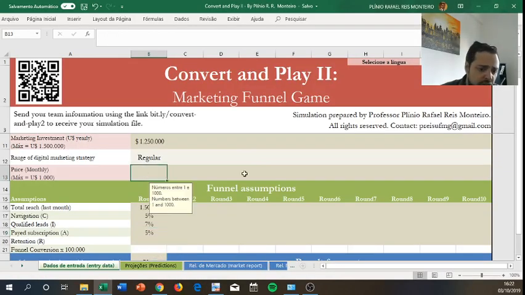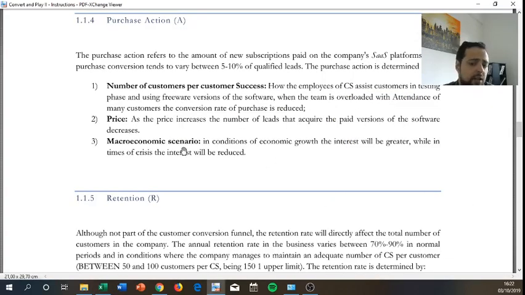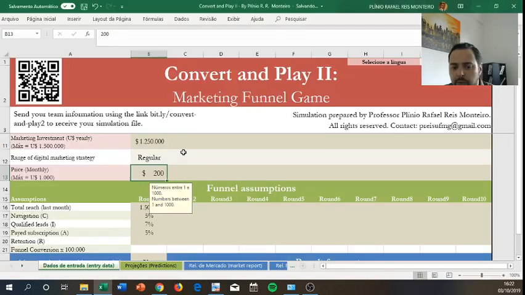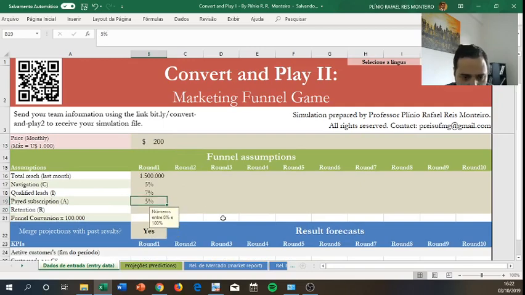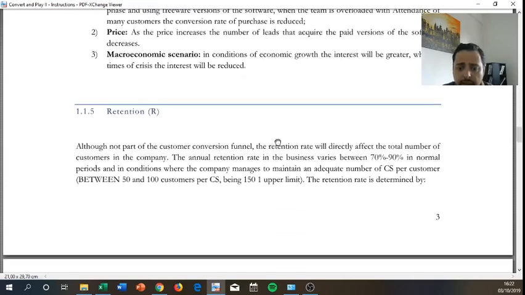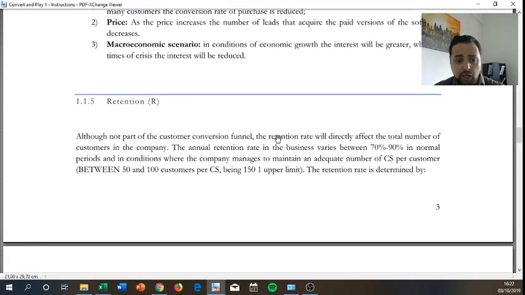Let me suppose that I'm going to start with $200 for the monthly subscription in the software, and I have a very good economic scenario. I believe that with that price and with the number of customer success, I may have something like a 5% conversion in this stage.